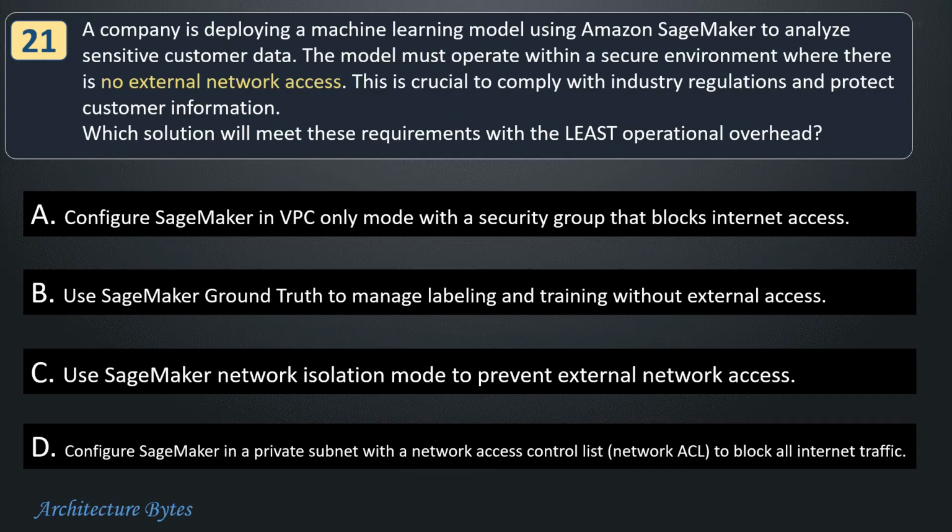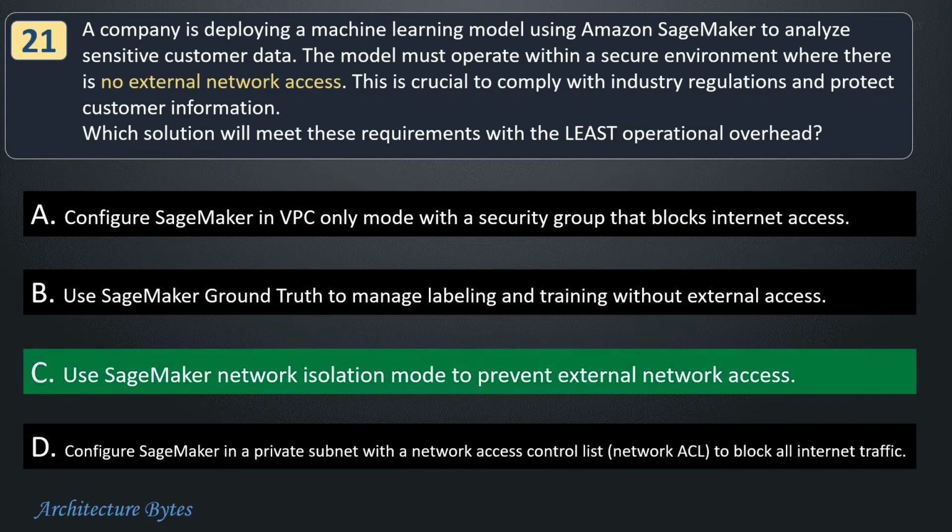Of these, option C, use SageMaker network isolation mode, is the right answer. It provides maximum security by isolating your environment from public internet and requires minimal configuration. Other options like using ground truth are incorrect or require much more configuration, thereby increasing operational overhead.